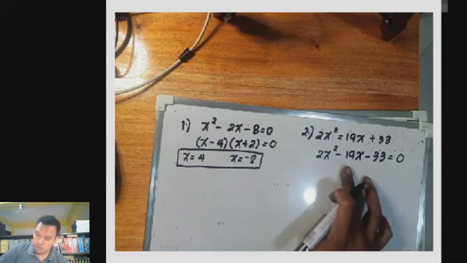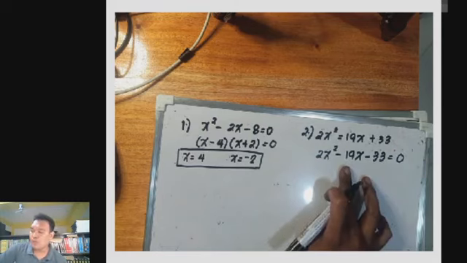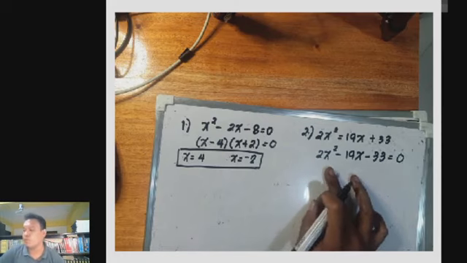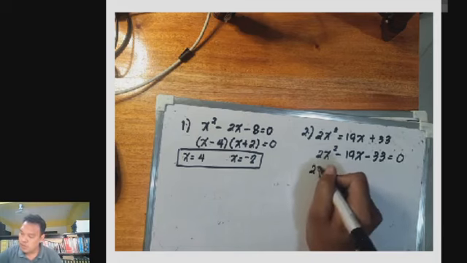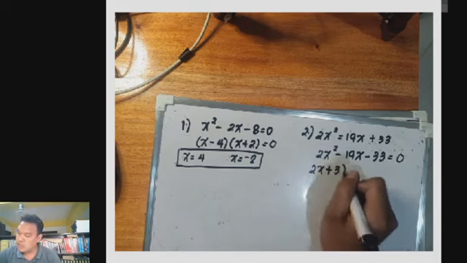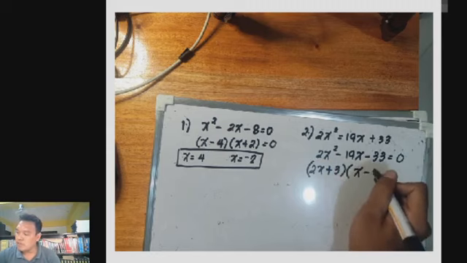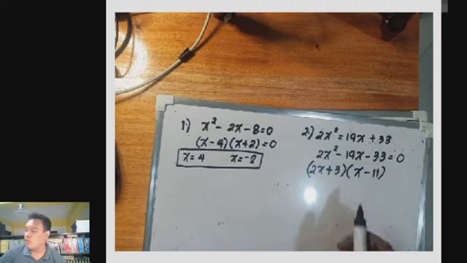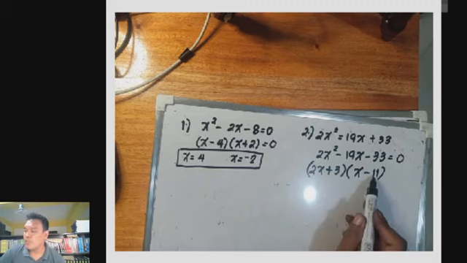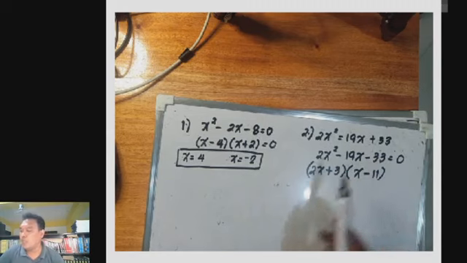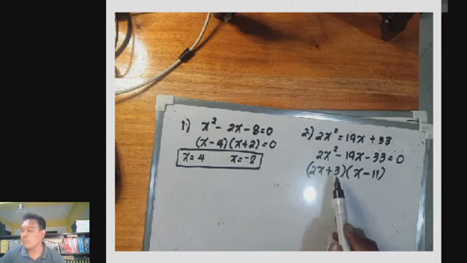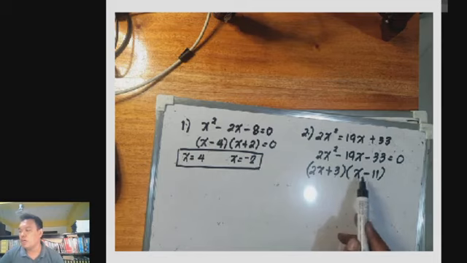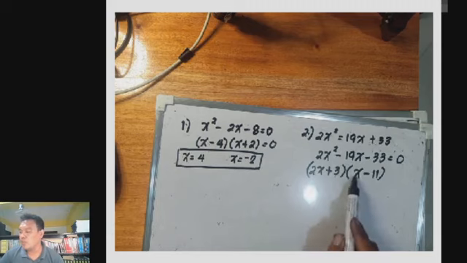Then to factor this quadratic equation, which is 2x squared minus 19x minus 33, we could say that it is 2x plus 3 multiplied by x minus 11. So, 3 times negative 11 is negative 33. Tama? Then 2x times negative 11 is negative 22x. Tapos minus itong 3x. So we have negative 22x plus 3x, we have negative 19x. Then ito, multiply dito is 2x squared.